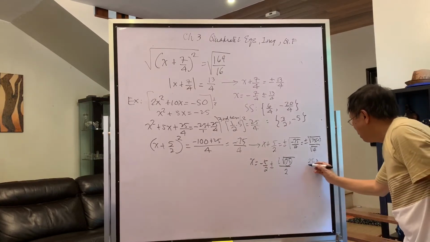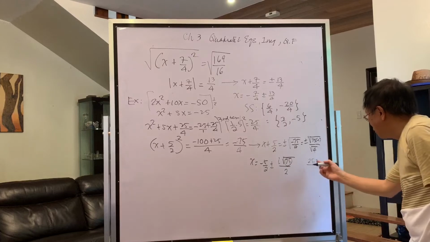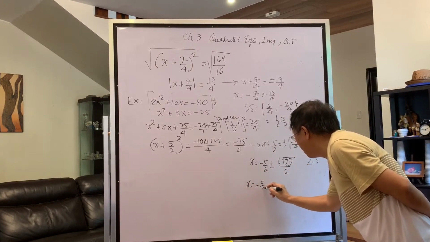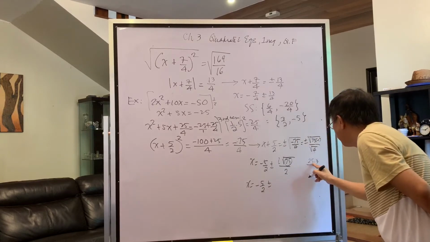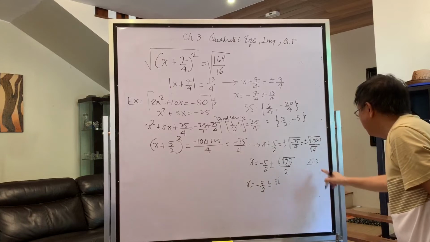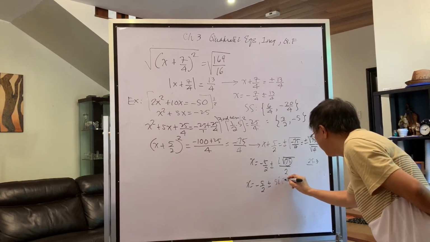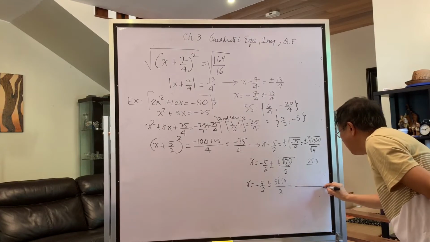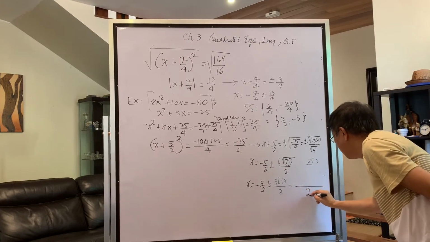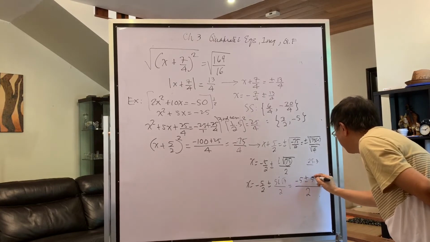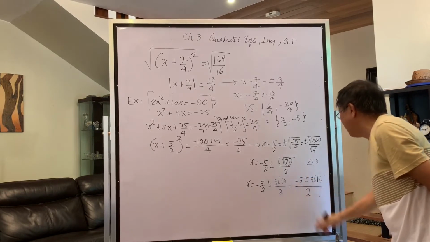So that 25 is a perfect square, so that can go out, giving my new x value as negative 5 over 2 plus or minus square root of 25 is 5, and I will get a 5i there now, and I'm left with square root of 3 all over 2. Or, writing them in one fraction form, I get negative 5 plus or minus 5i times square root of 3 over 2.